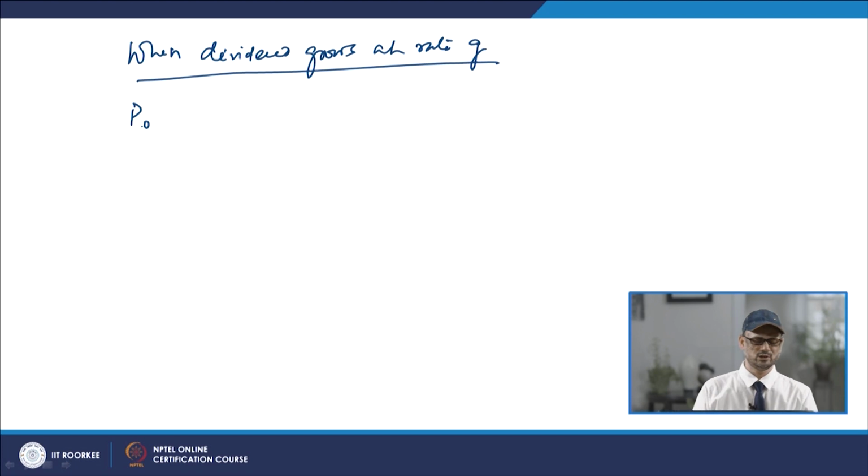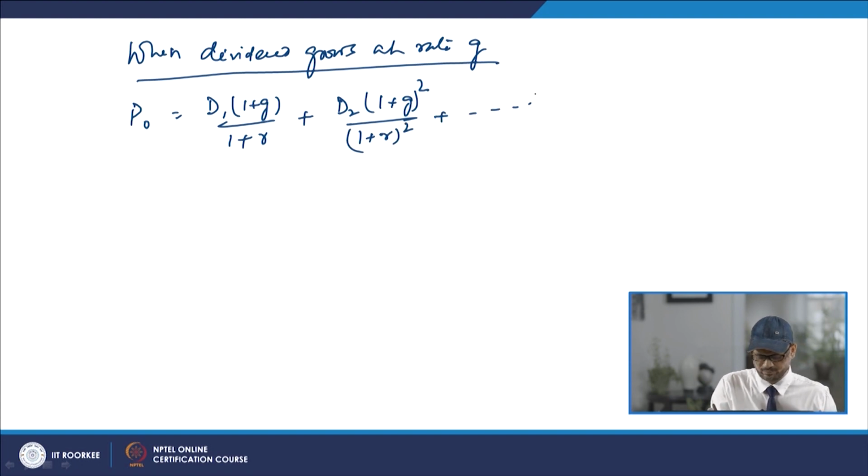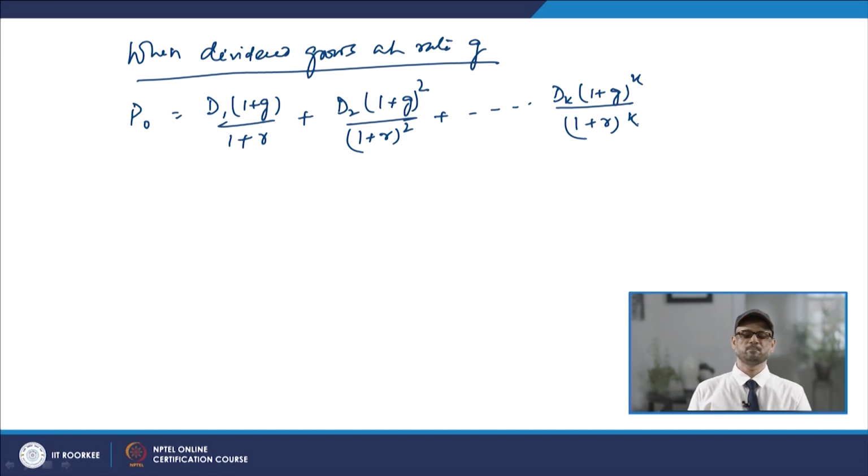So, every time it will be D into 1 plus g, where g is the growth rate. P naught will then be D1 into 1 plus g divided by 1 plus r, then 1 plus g squared upon 1 plus r squared, and so on up to Dk into 1 plus g to the power k divided by 1 plus r raised to the power k.